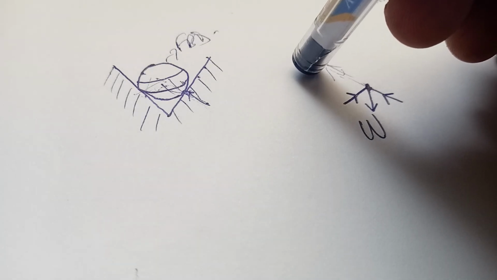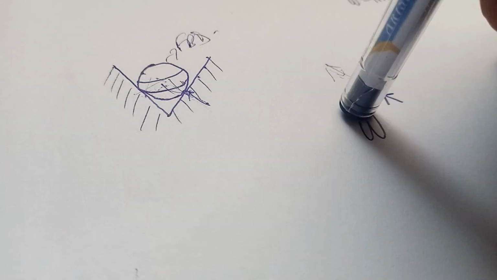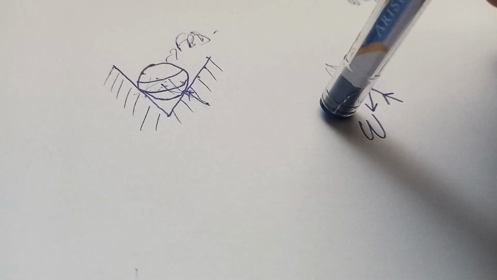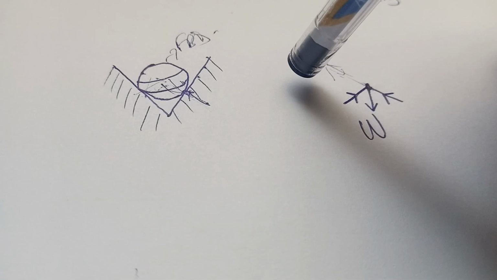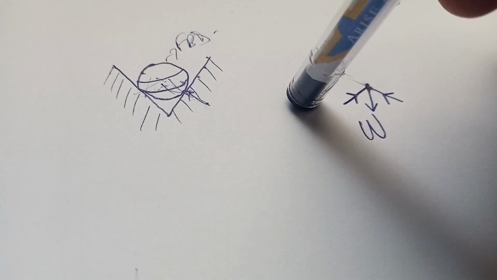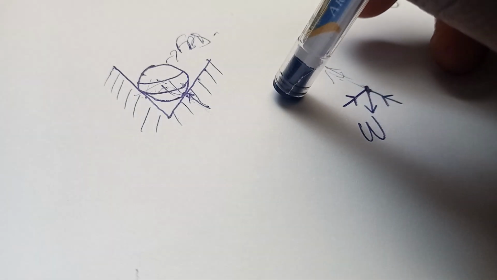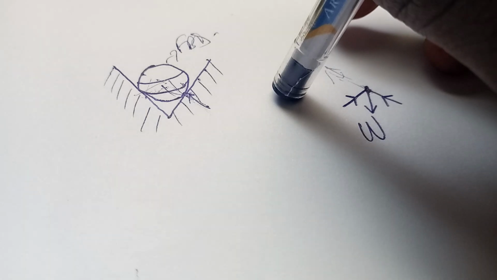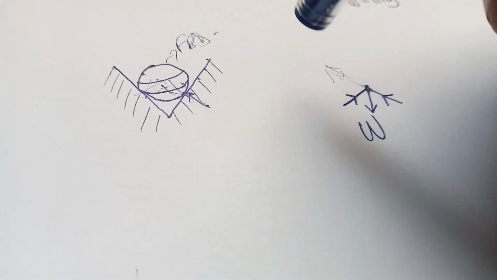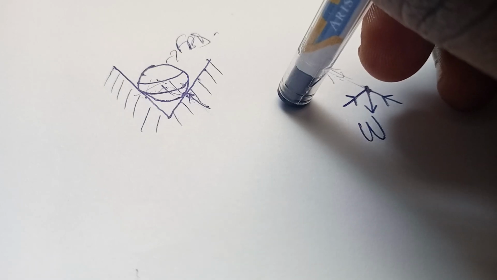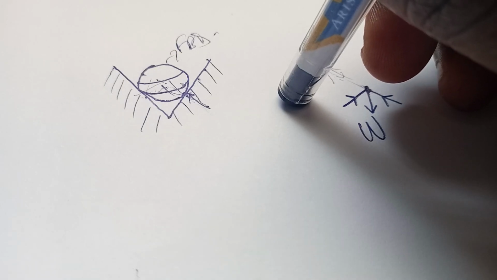So if we were to draw the free body diagram of the table, we could say that the table is being acted upon by the action force. But remember, in every action there is an equal and opposite reaction, meaning the table will also exert the same amount of force on the pen, the reaction force.